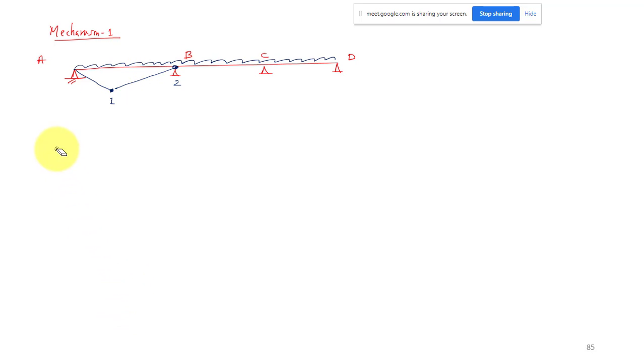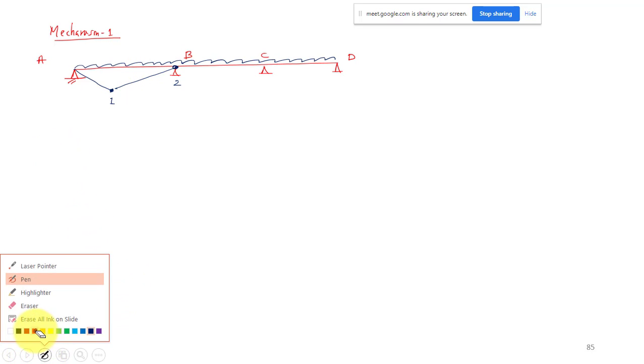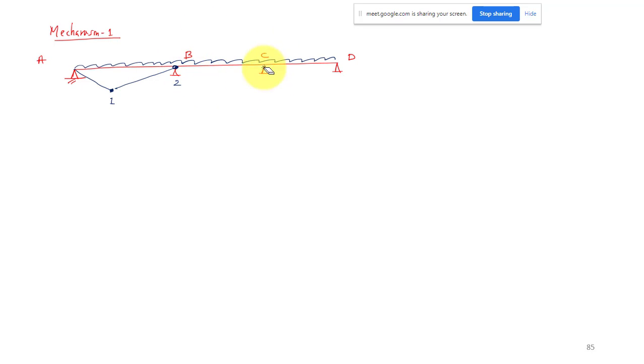The next mechanism is the failure in span BC, that is your mechanism 2. So A, B, C, and D, this is our loading.